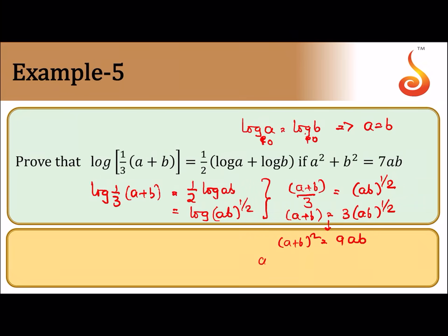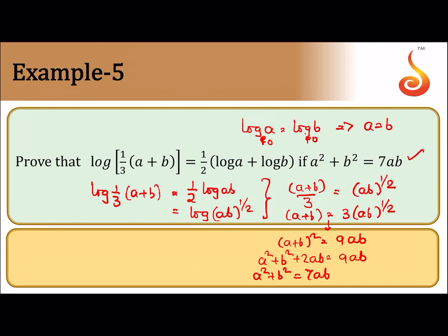You square both sides. What we get? (a plus b) whole square equal to 9ab. So you expand it. a square plus b square plus 2ab equal to 9ab. Or a square plus b square equal to 7ab.